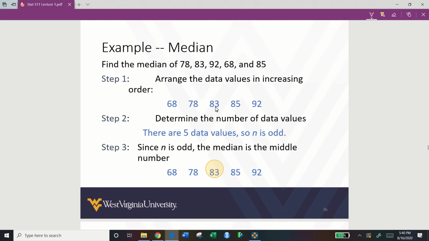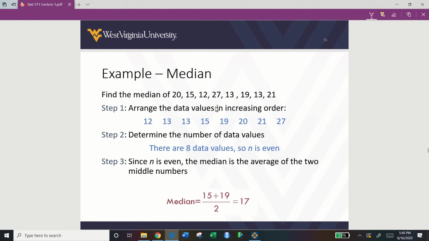If we have our data set for our quiz scores of 78, 83, 92, 68, and 85, we would arrange this in least to greatest order. There are 5 observations, so that is odd, so it's simple. It's the value in the center, which is 83.